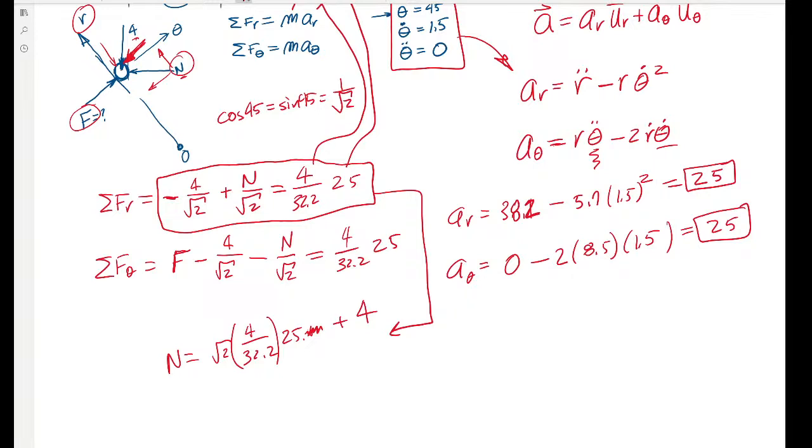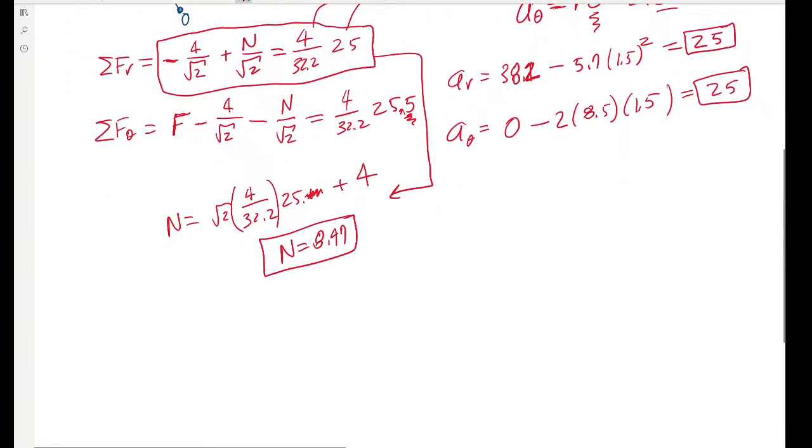So first, I'll do the square root. Then I gotta add 4 when I get done. 8.47. I get n is equal to 8.47. I carried the extra digit in there.